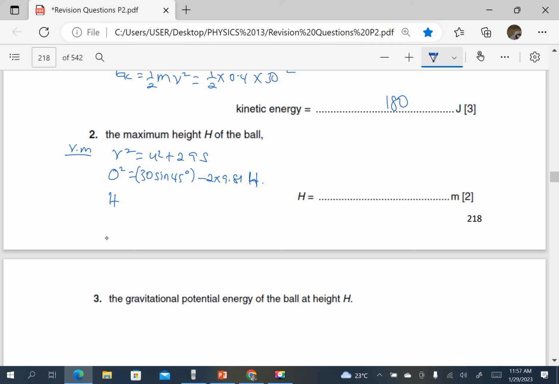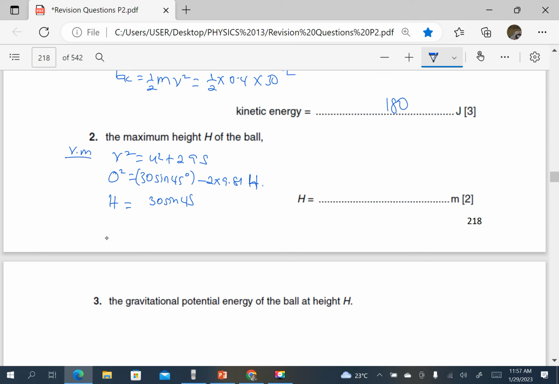So this gives us h as 30 sine 45 divided by 2 times 9.81.